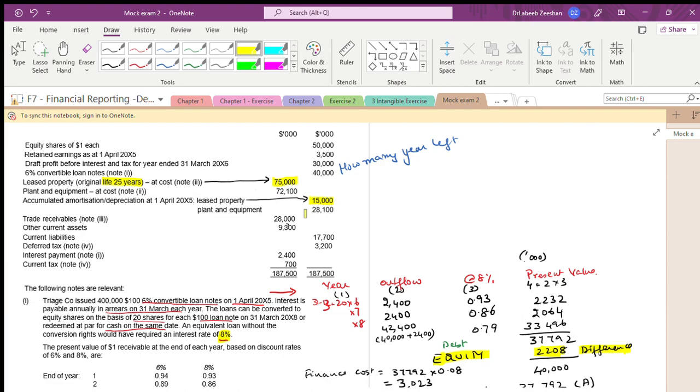How many years are left? Yes or no? With these three values we can calculate.